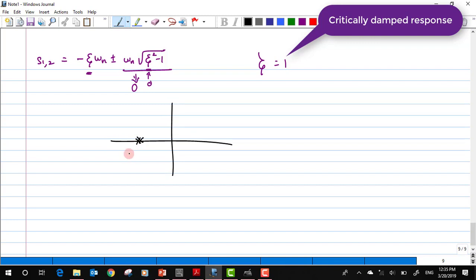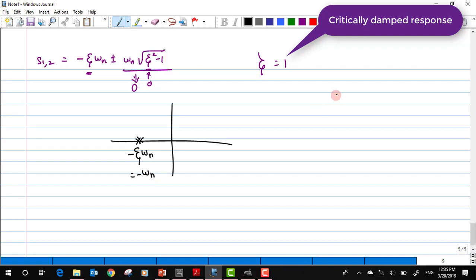The frequency at which it sits is zeta times omega n, and since zeta is equal to 1, I can write this as just omega n itself.